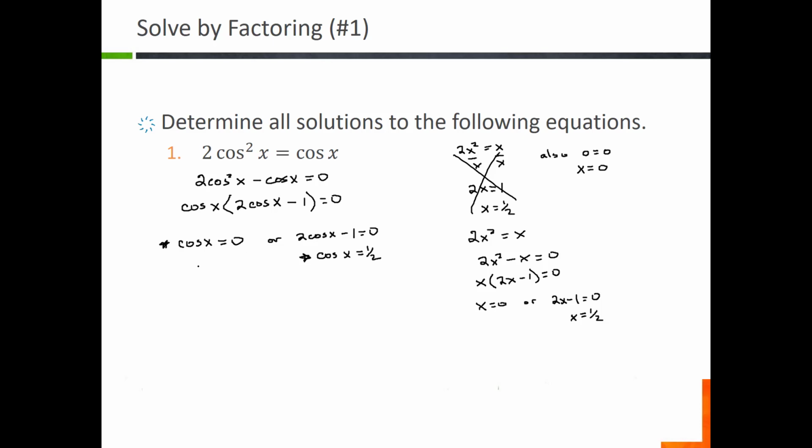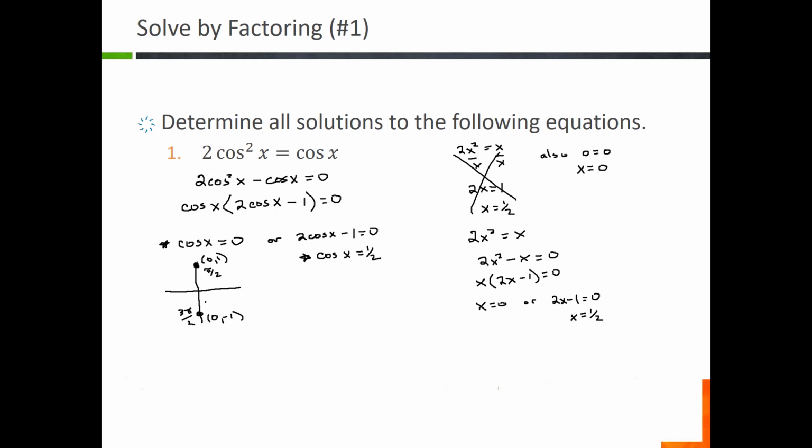So on the unit circle, where is cosine equal to 0? Remember, cosine is the x-coordinate on the unit circle, so that's the 2 points on the y-axis. So 0, 1, and 0, negative 1. At 0, 1, that is an angle of pi over 2, and at 0, negative 1, that's an angle of 3 pi over 2.